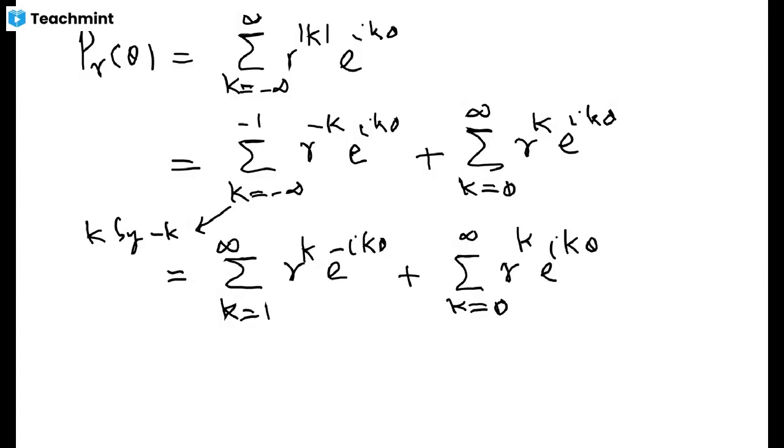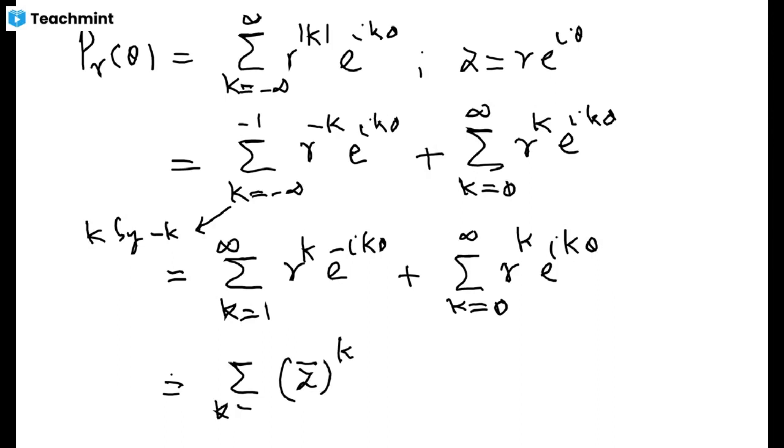Now if we take z to be r e to the i theta, the first summation is z conjugate to the power k, with k running from 1 to infinity, and in the second summation I put k equal to 0 separately to get 1, and then another series with k from 1 to infinity of z to the power k.